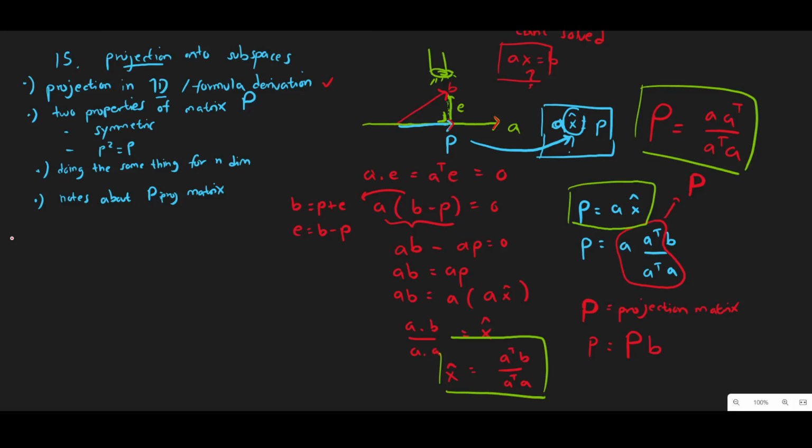So we have P here. First I want to prove that the capital P is symmetric. So let's transpose this one real quick. And remember the transpose rule, that the order changes.